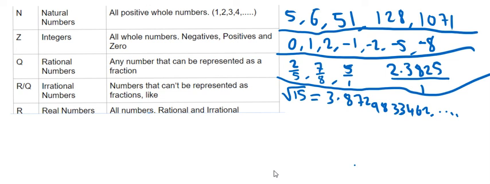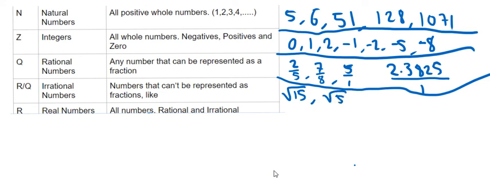Something like that, where the decimal continues on forever, you can't represent as a fraction, because you could write it over 1, but then if you multiply top and bottom by something, you can't really take in all of the numbers. So that can be just left as root 15. So root 15 would be an irrational number.